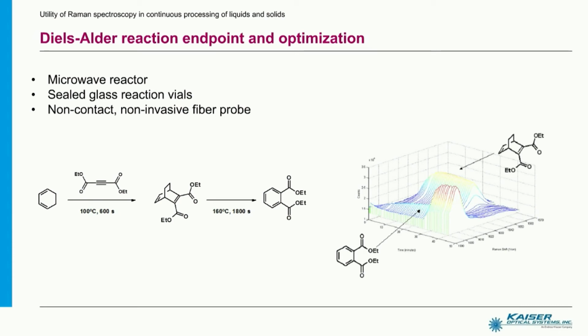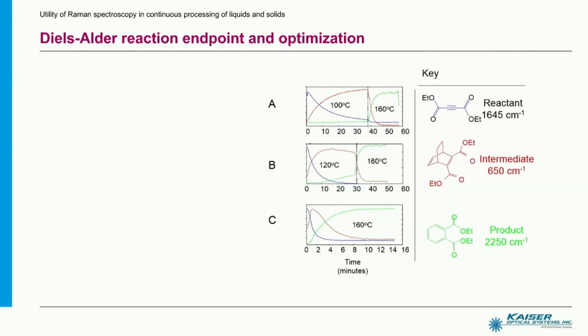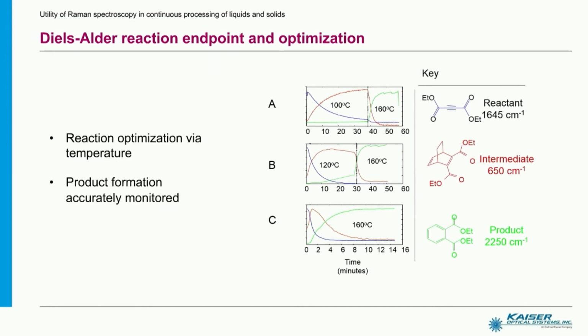We were using this to monitor the reactant, intermediate, and product formation at different temperatures so that we could optimize the reaction. You can see that this is a relatively fast reaction. We were able to move from a 6-second reaction time down to 10 minutes, and we're able to accurately monitor the product formation.